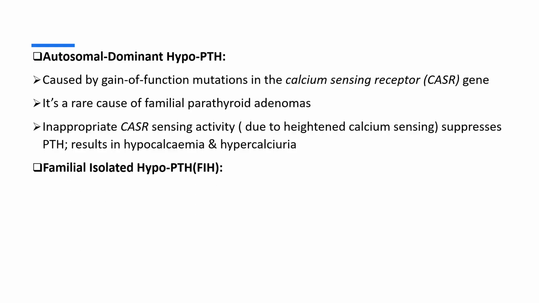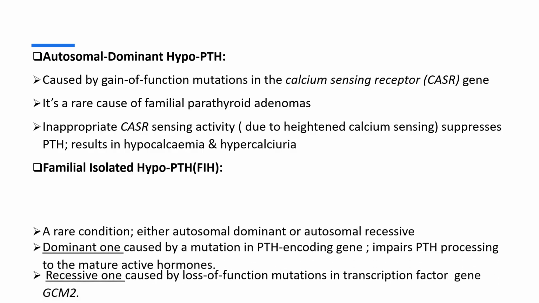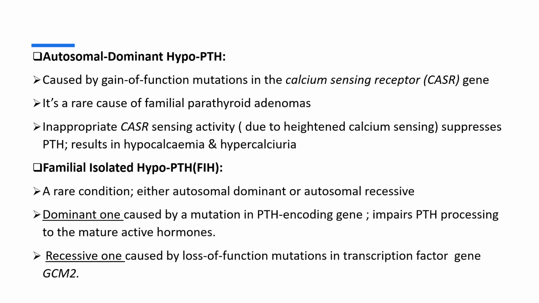And familial isolated hypoparathyroidism is a rare condition that is either autosomal dominant or autosomal recessive. If it is the dominant one, then there is a mutation in the parathyroid hormone encoding gene, and that impairs the processing of parathyroid hormone to the mature active hormone.